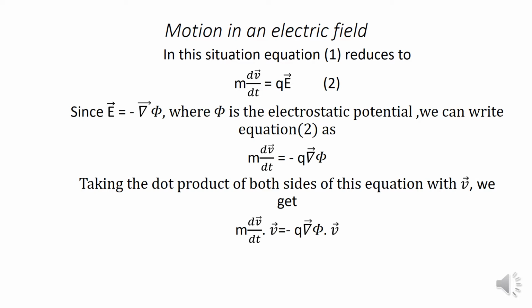Now we consider the motion of the charged particle purely in the electric field and the magnetic field one by one. Here we discuss the charged particle motion in a purely electric field, and for this our basic equation 1, m dv/dt = q(E + v × B).